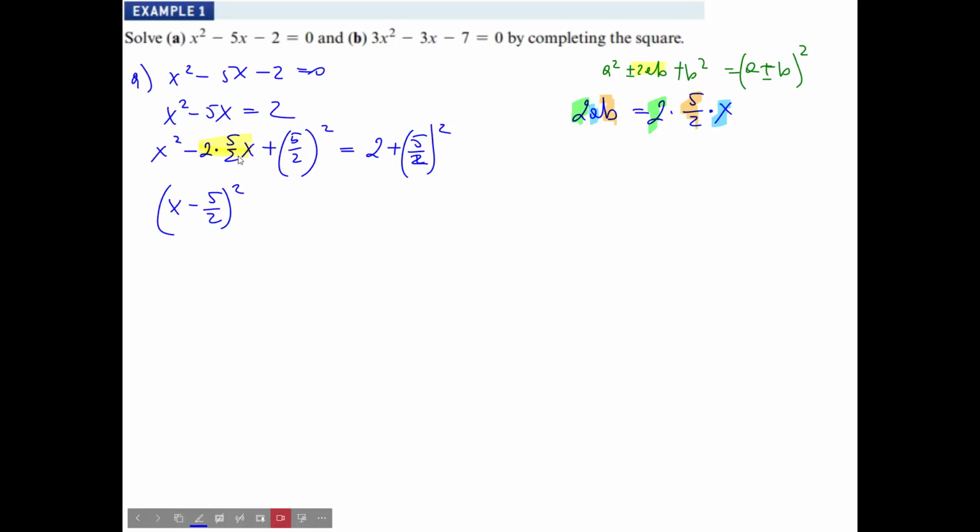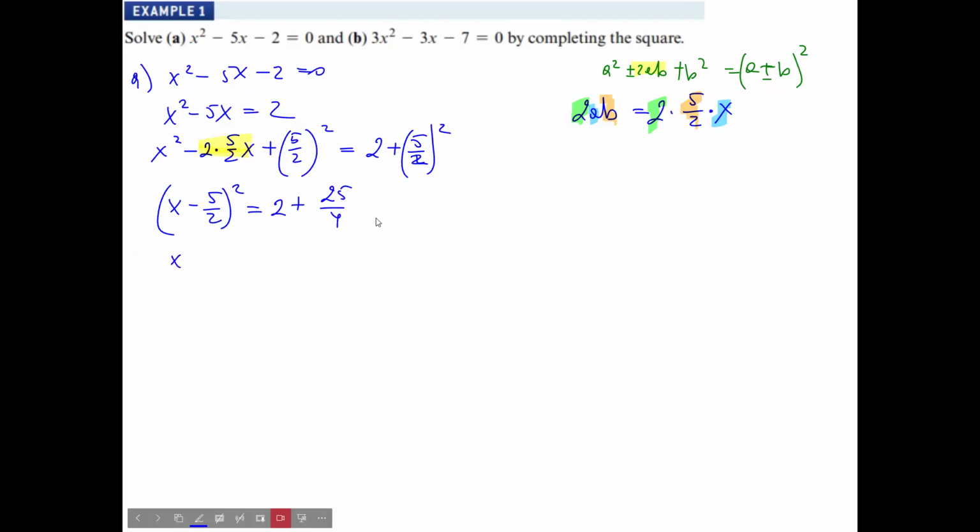So a squared minus 2ab plus b squared, but because of the minus here, I have x minus 5 over 2 squared equals 2 plus 25 over 4. Now, let's play with that.